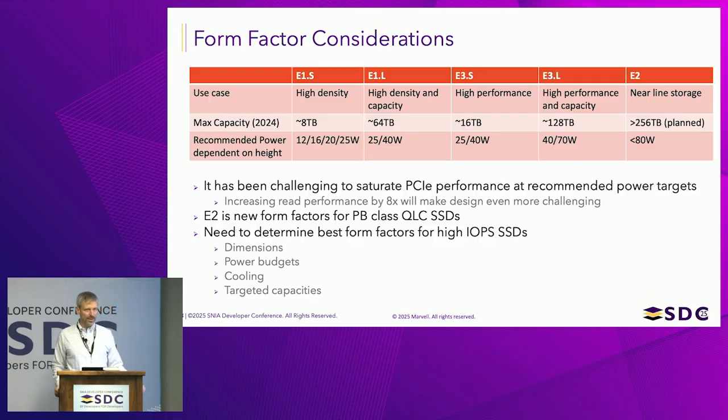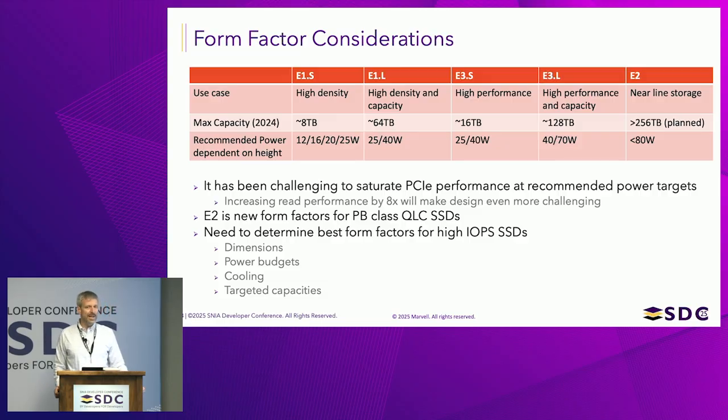But my key point here is really the power. The SNIA small form factor spec had recommended power numbers for these different form factors, and the industry tried to stay within those power limits. In particular, the industry really tried to stay within 20-25 watts for the SSDs.